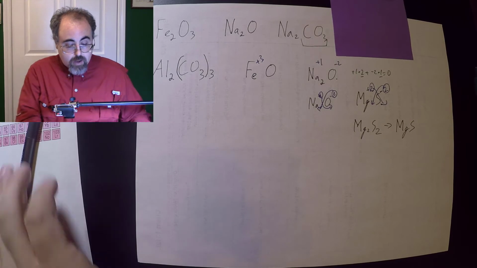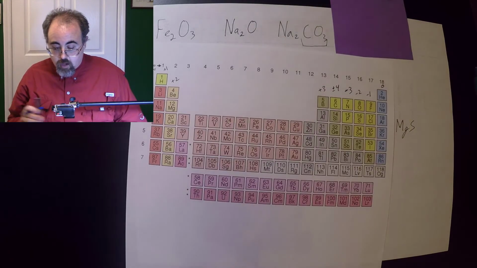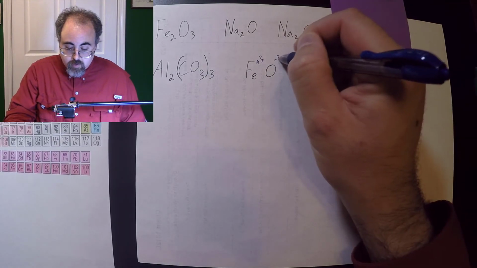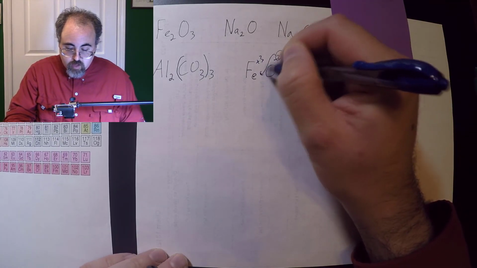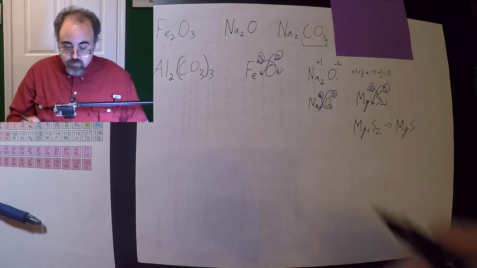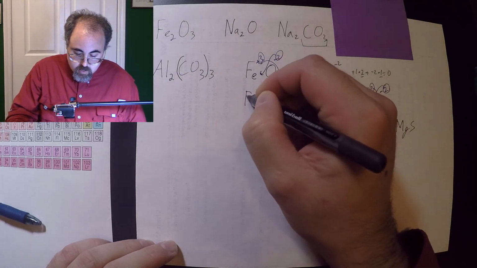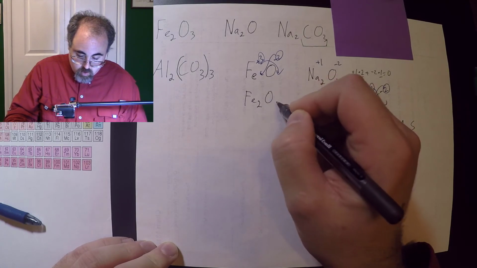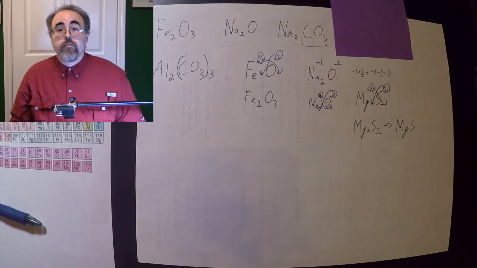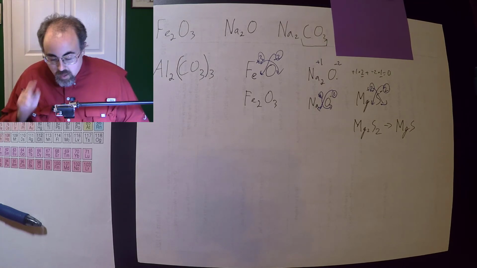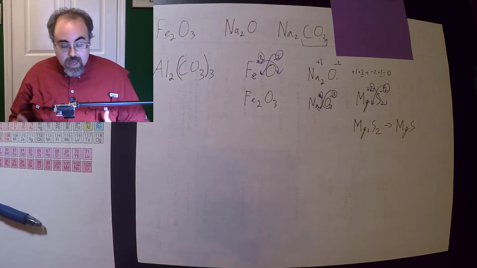Okay, so now I can look at the periodic table: oxygen is -2. I do the crisscross thing, and that tells me I have Fe2O3. Iron oxide. Good work. Well, iron(III) oxide, I should say. Okay, so I've got this.